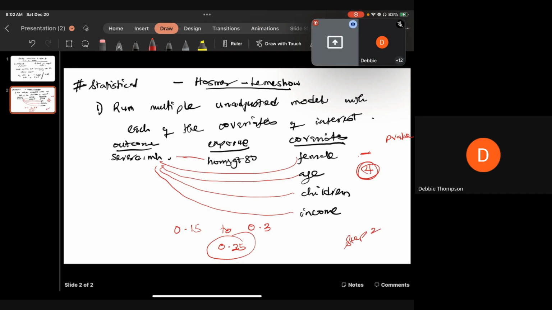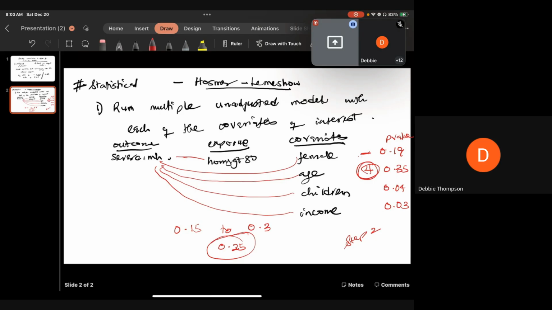So let's say the p-value for female is 0.19, age is 0.35, children is 0.04, and income is 0.03. Which ones will then move forward to my next step?